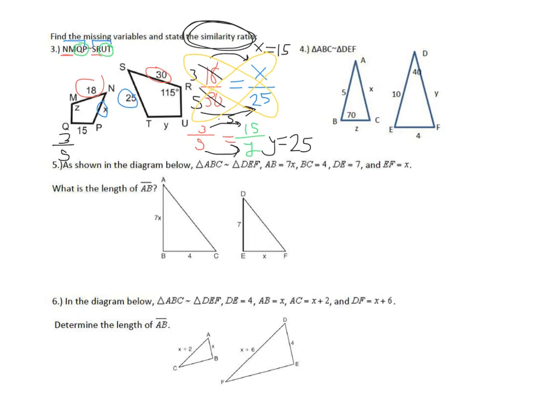So for example, we found that x was 15 and the corresponding one to that was 25. So let's see if that comes out to the same ratio. So if we write down 15 over 25, that should also reduce to 3/5, and it does. So the similarity ratio would be 3 to 5.